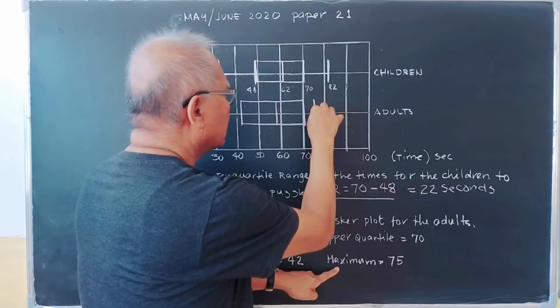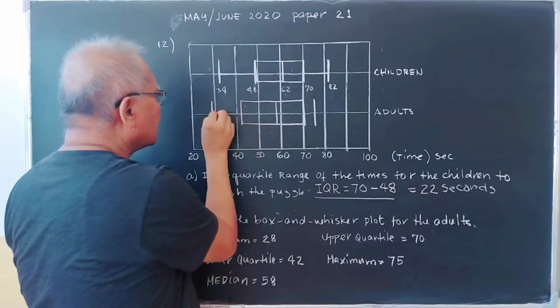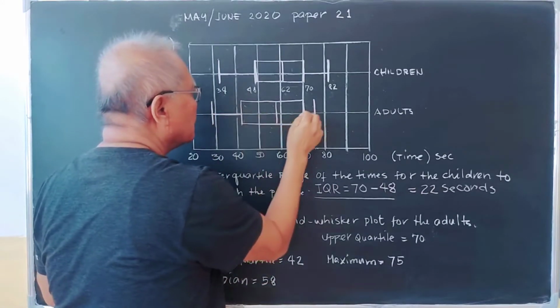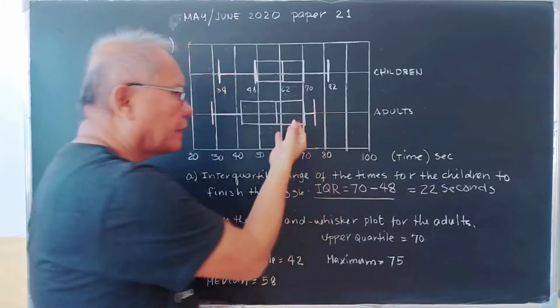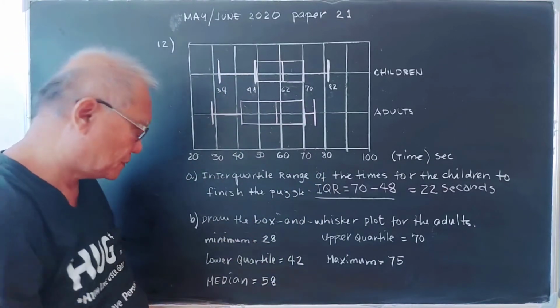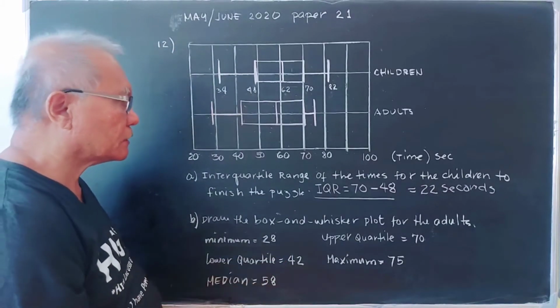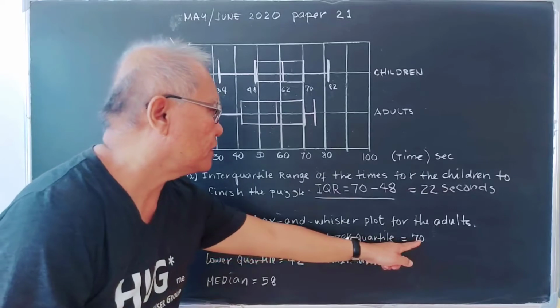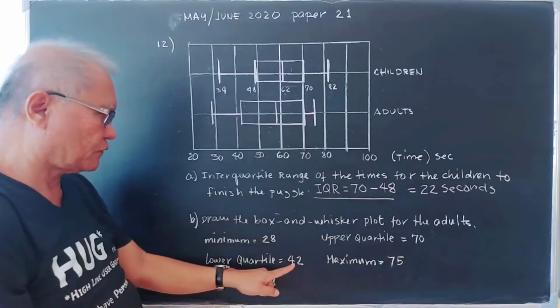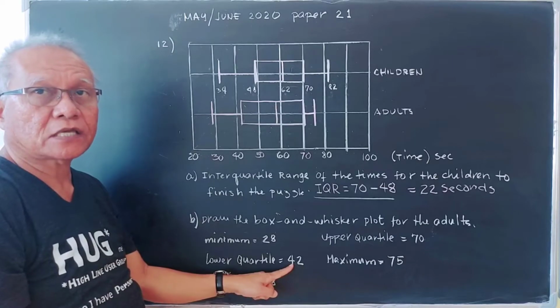So here is the other whisker. Then we connect the whiskers to the box, and we have the box and whisker plot. What is the interquartile range here? You just subtract 70 minus 42, and that would be 28 seconds.